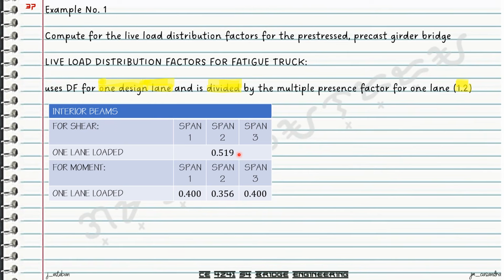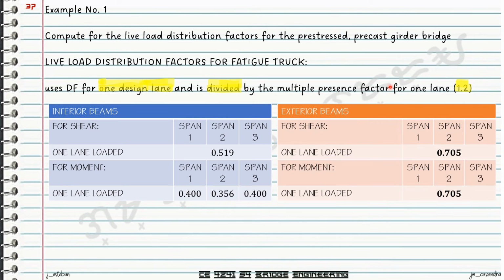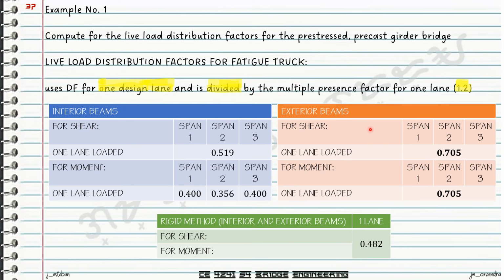And then for span 3, this is the value when we divide it by 1.2, which gives 0.35. Then for exterior beams, we'll have the same value for 1 lane loaded for shear and moment. That is 0.846 divided by 1.2, giving us 0.7. For the rigid method, you just use the value for 1 lane, which is 0.578 divided by 1.2, which will give you 0.482.